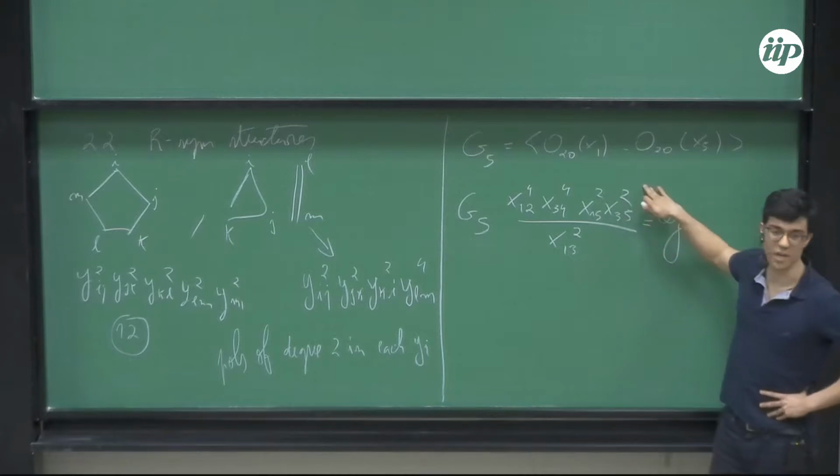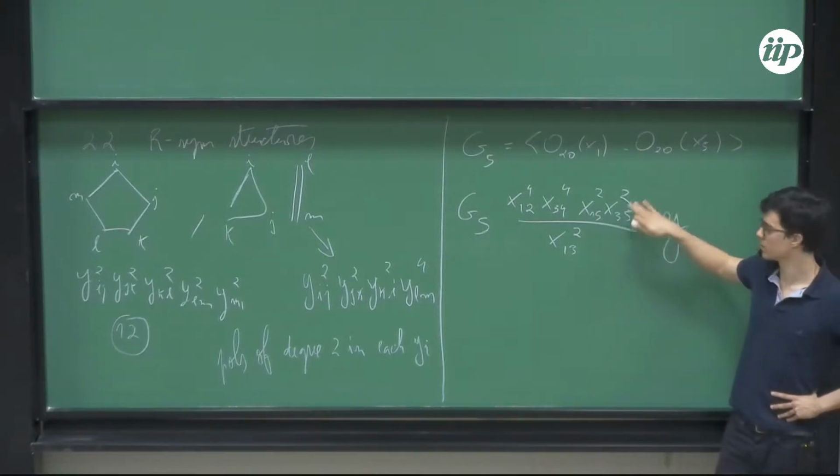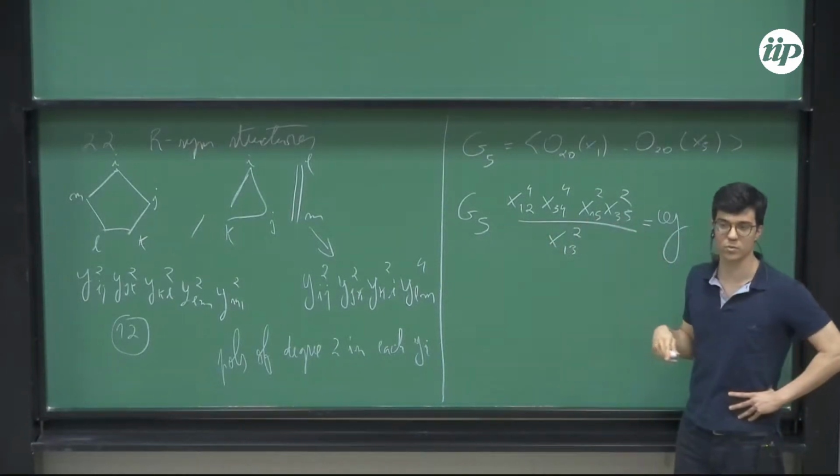So basically I'm cancelling the conformal weight 2 at each of the points 1 to 5.